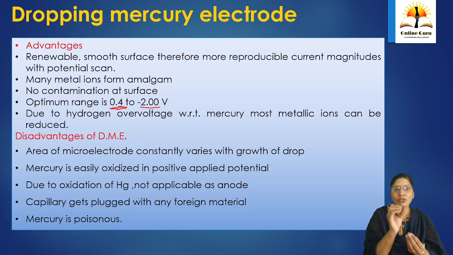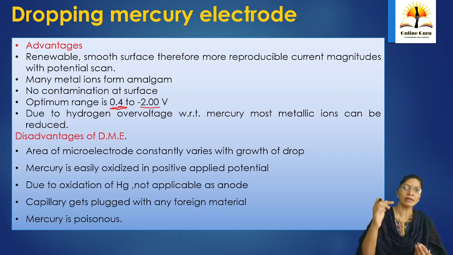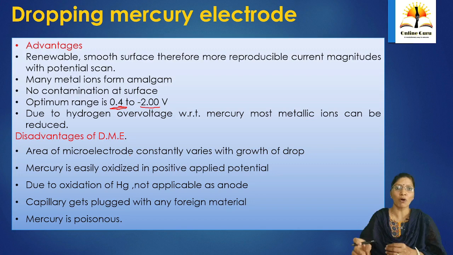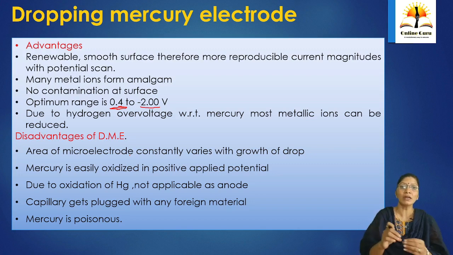As you change the size or area with the drop formation process, there is variation in current, going up and down with the growth and detachment associated with the dropping mercury electrode. If this noise is larger than the concentration of the analyte, we are unable to determine very small concentrations. So that is a limitation.